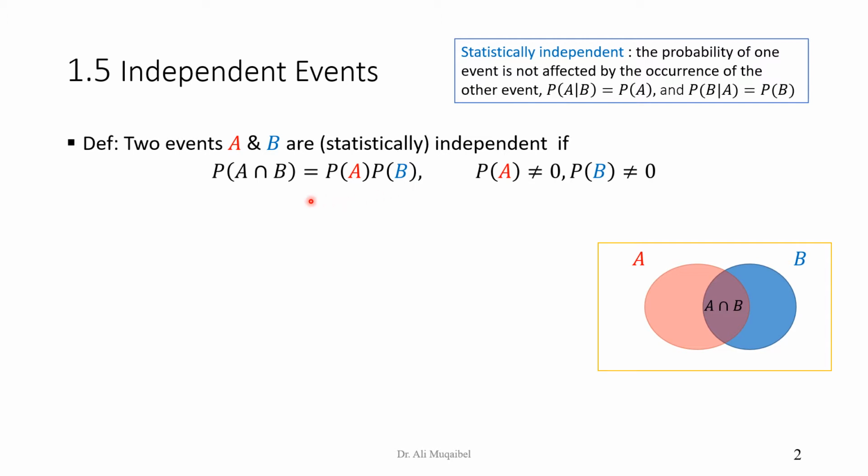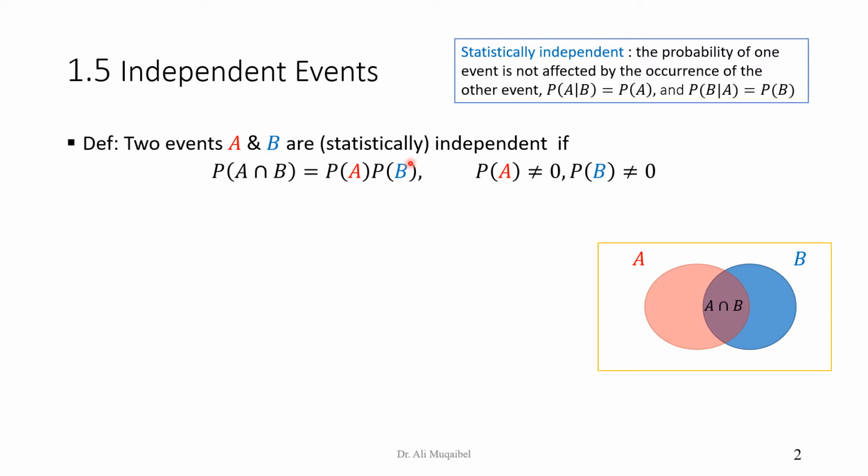If the intersection probability equals the product of the individual probabilities. Of course, we have to exclude the case of individual probabilities equal to 0, because that's going to give you the obvious answer.